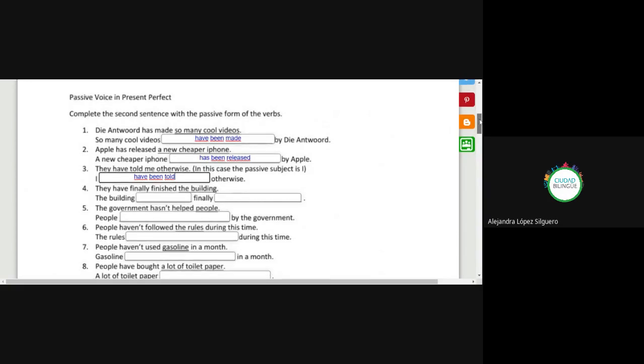Number 4. They have finally finished the building. The building finally. What about this one? Okay, the building has been, muy bien, has been finally finished.